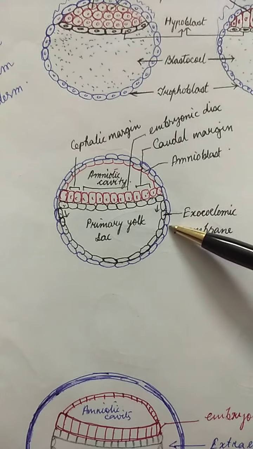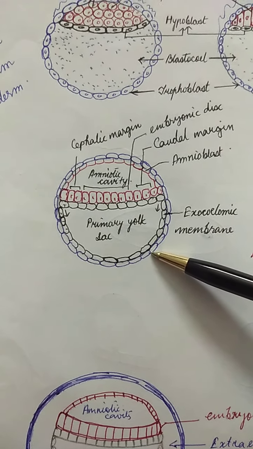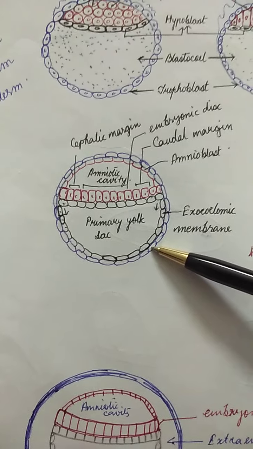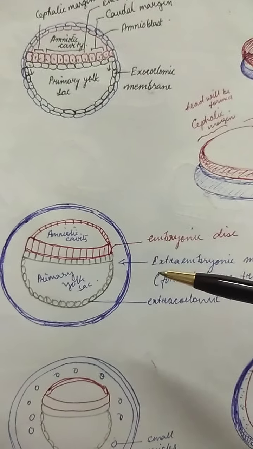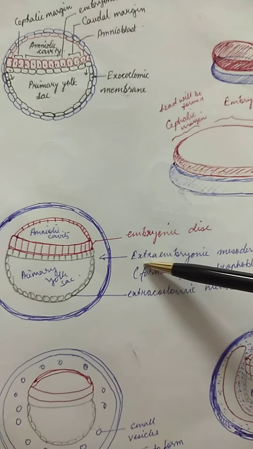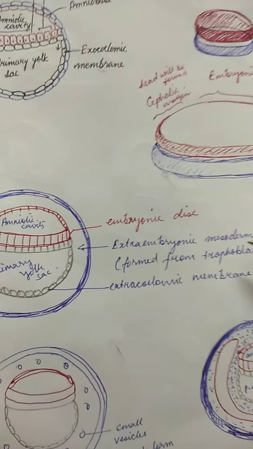Now, the trophoblast cells also undergo rapid division, thus forming a new layer of cells which is known as extraembryonic mesoderm.